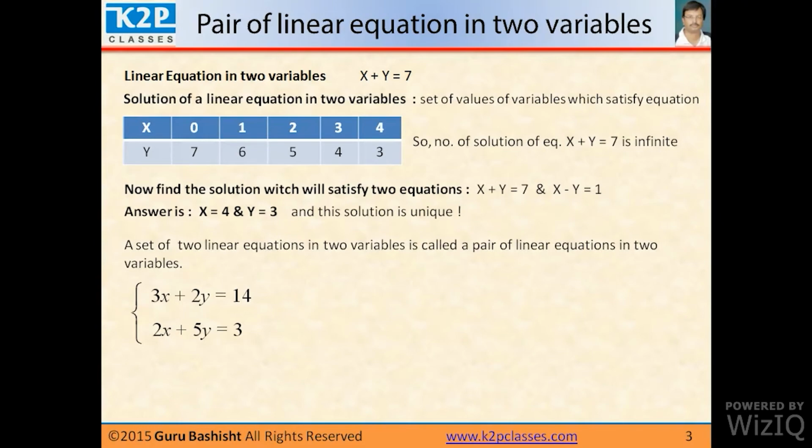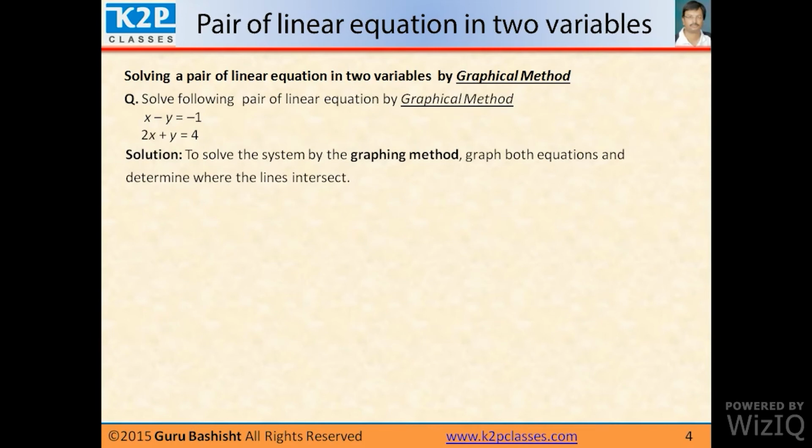Solve the following pair of linear equations by graphical method: x minus y equal to minus 1, 2x plus y equal to 4. To solve the system by graphical method, graph both equations and determine where the lines intersect.